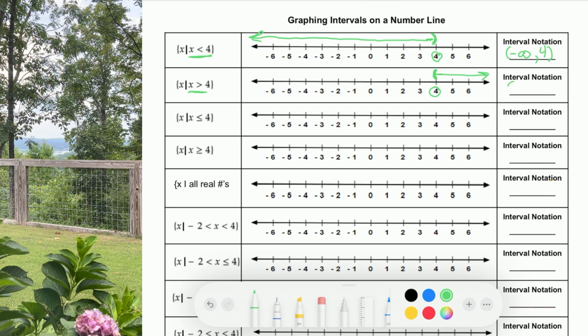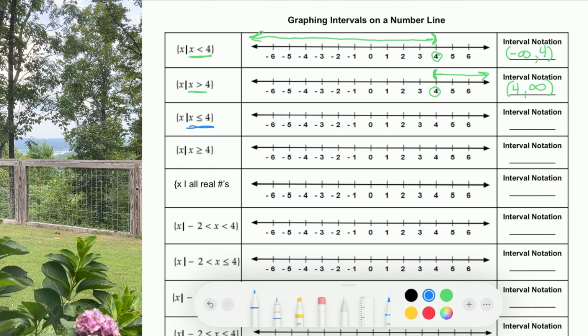My interval notation is going to have parentheses 4, comma, positive infinity. And remember, your negative infinity is always on the left, positive infinity is always on the right. Think of it as being on the side that the direction of your arrow is going towards, left or right.